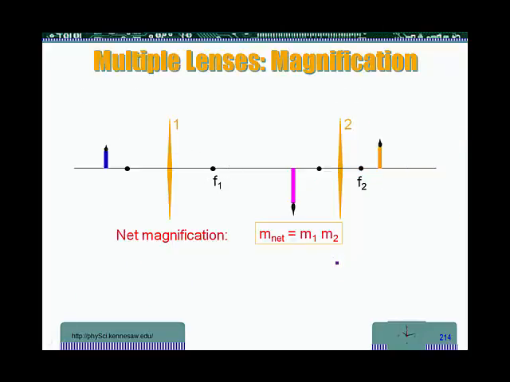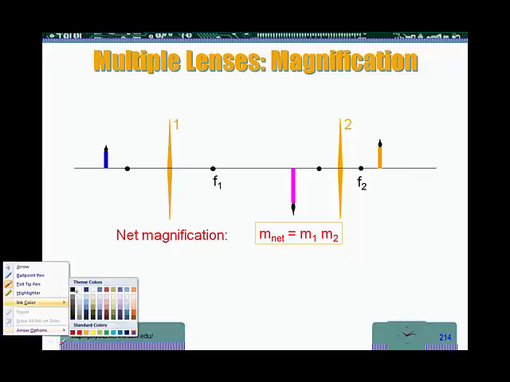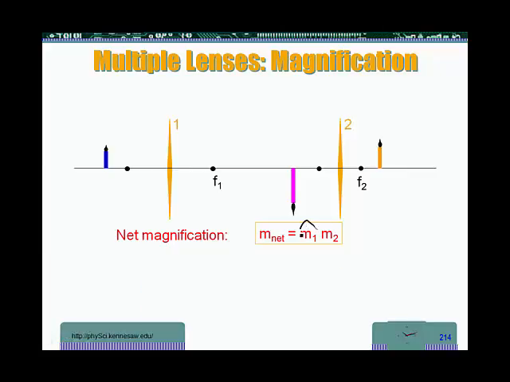Okay. One last thing to discuss about multiple lenses is the fact that the magnification of multiple lenses is just the product of individual magnifications.